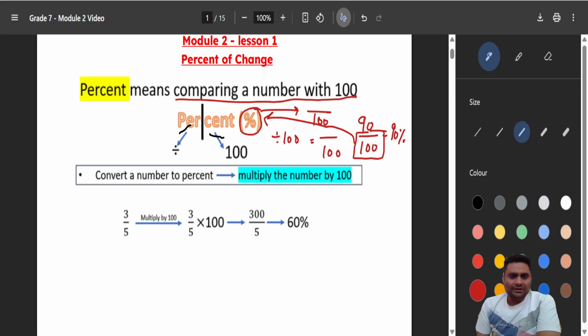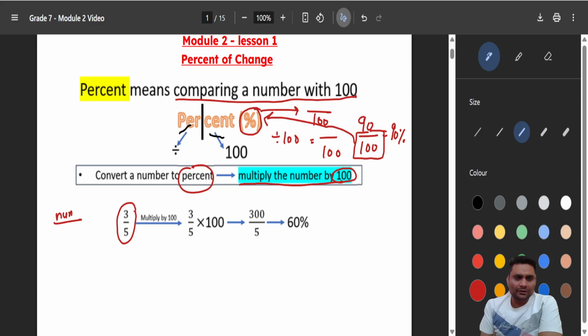Now, if any number is given to you and you want to convert it into percent, you will simply multiply the number by 100. See the example here. 3 over 5 is a fraction, which means number over number, part over whole.